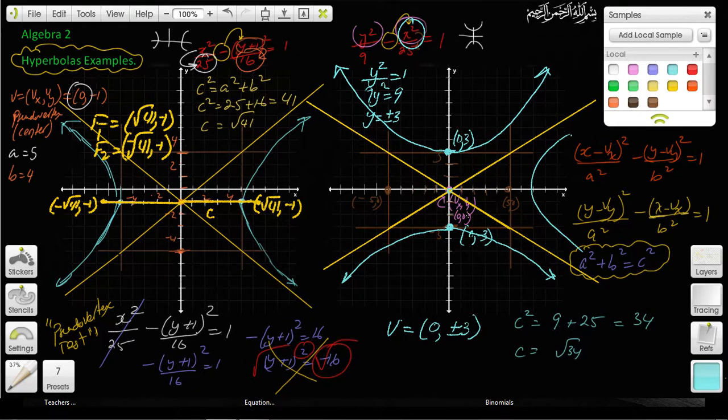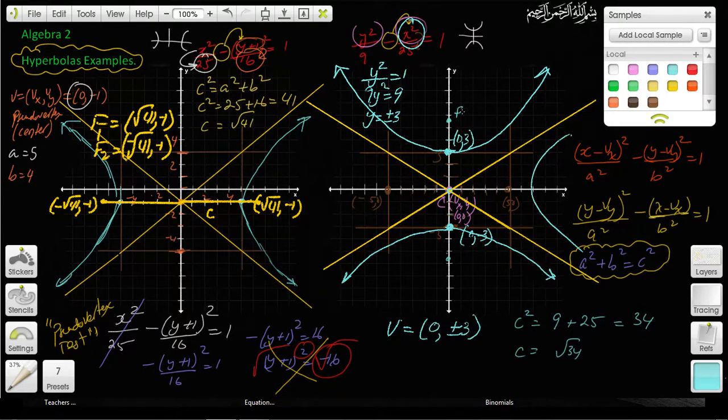So square root of 34 is almost 6, right? If I did this correctly. 3, 4, 5, 6. It's between 5 and 6. Closer to 6 right here.